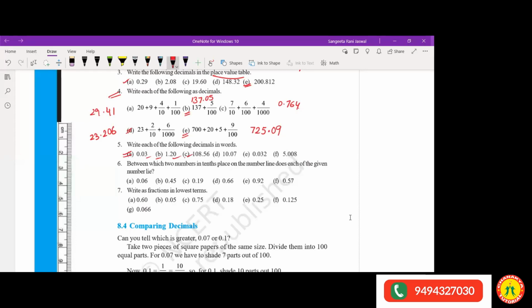Adrit, you tell me next one. Yes, ma'am. 1 in tenths place, 0 in ones place, 0 in tens place, and 7 in hundredths place. Very good. So that means 1 tenth and 7 hundredths.